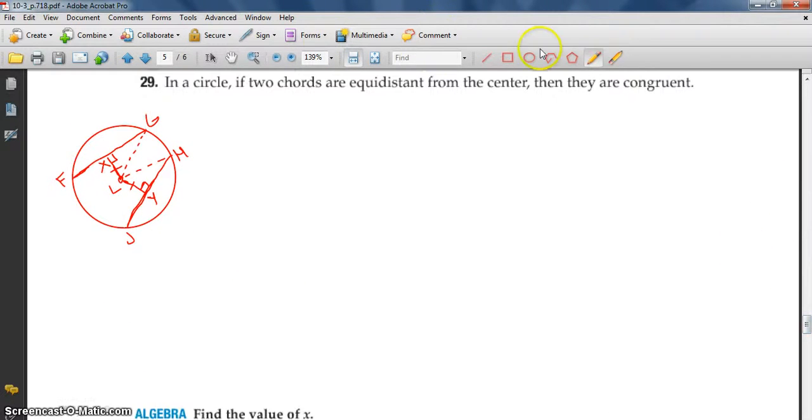And so let's state our given information. So in a circle, if 2 chords are equidistant from the center, so in circle L, LX is perpendicular to FG. Remember that the distance from a point to a line must be the perpendicular segment from the point to the line.